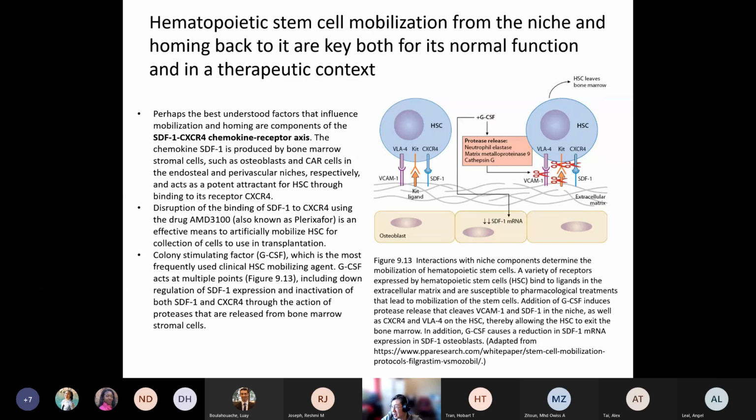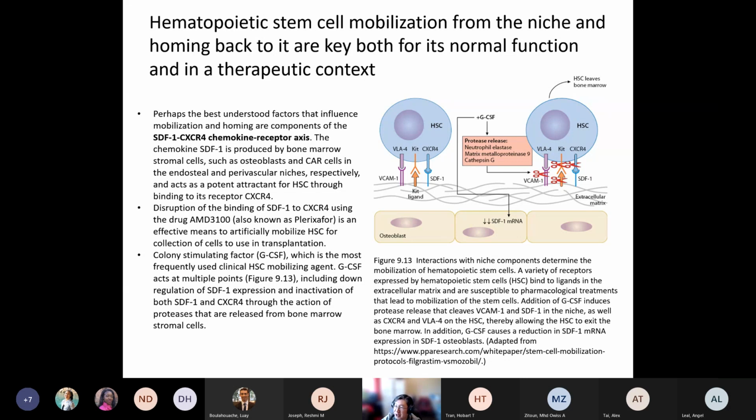That process is called homing. So homing is important when you consider bone marrow transplantation, and activation is important when you consider cell differentiation, when they go out to form the functional cells. So these two opposite processes, homing and activation, both rely on this interaction.